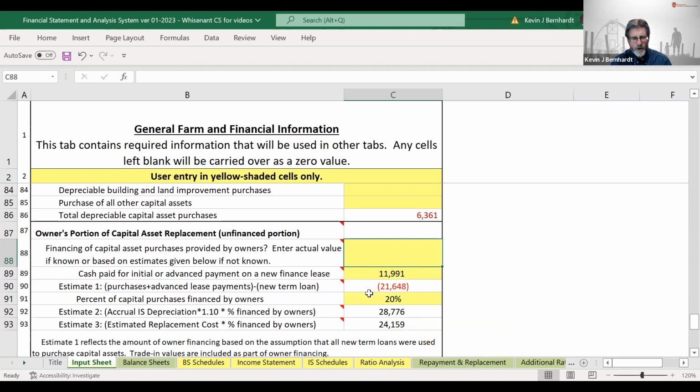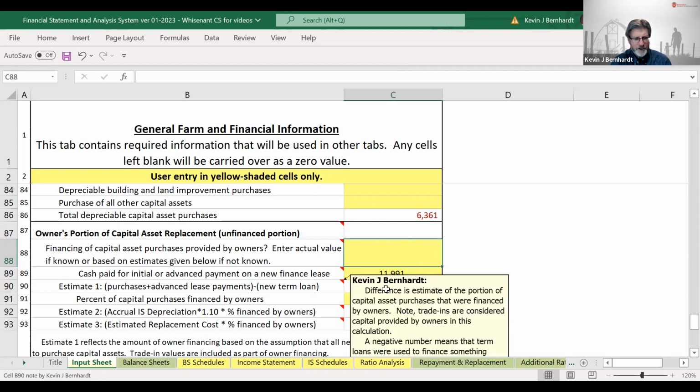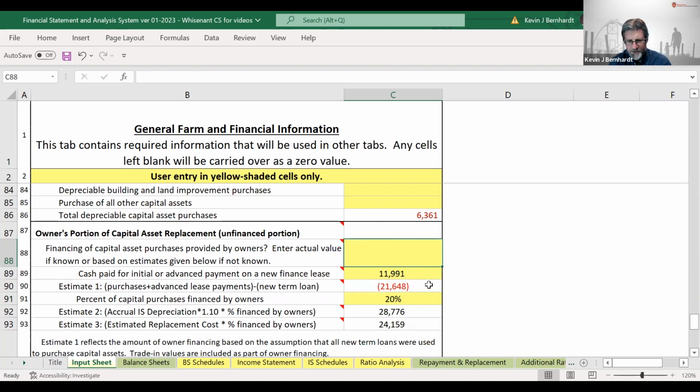So estimate 1, for example, shows a negative $21,648. Now, that would be a good estimate if it was positive, and it's based on looking at what you have purchased this past year and what new term loans you have. The difference between the two, if there is a positive difference, means that's cash that came from the owners.